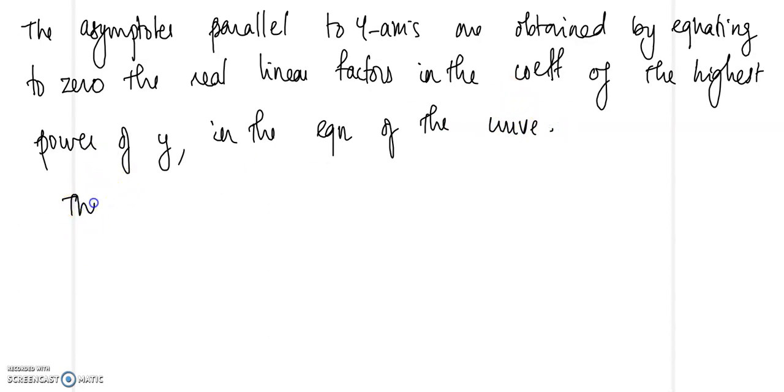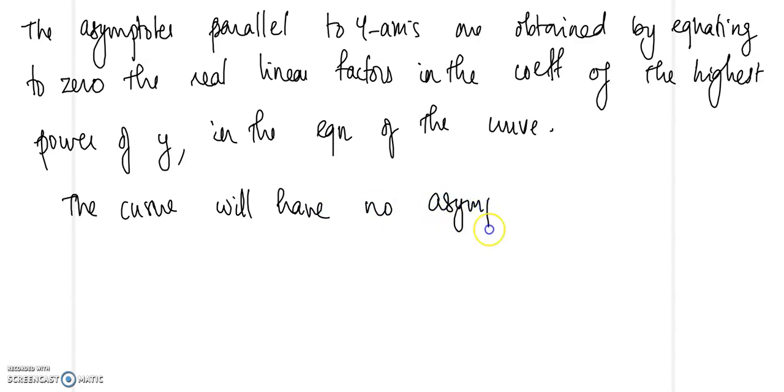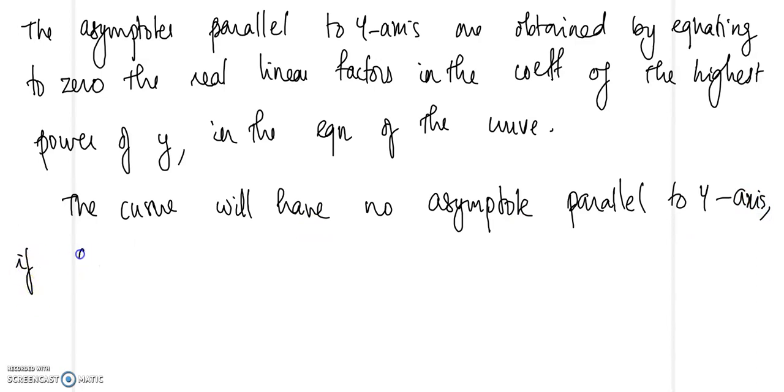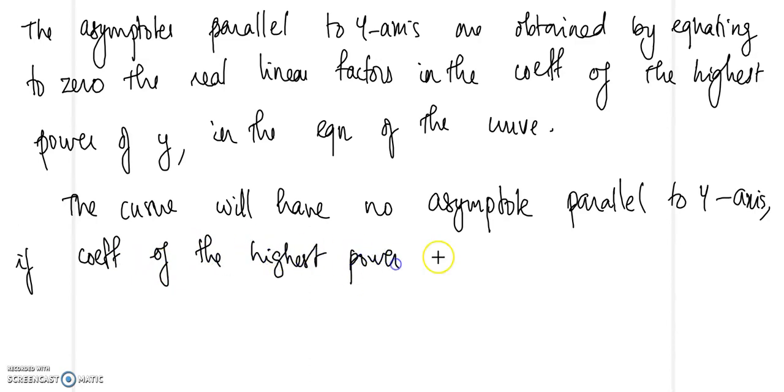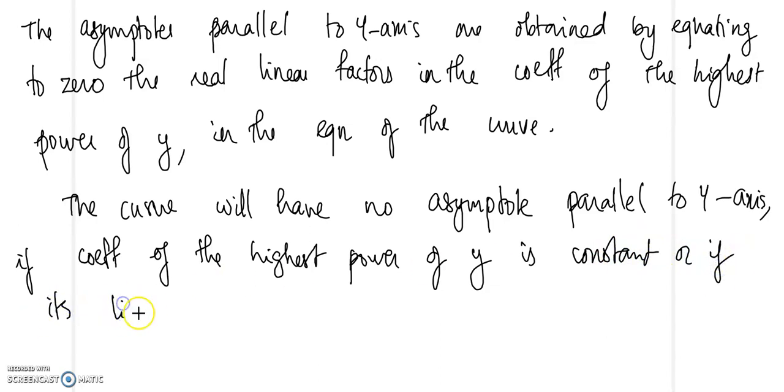And the curve will have no asymptote parallel to the y-axis if the coefficient of the highest power of y is constant, or if its linear factors are all imaginary.